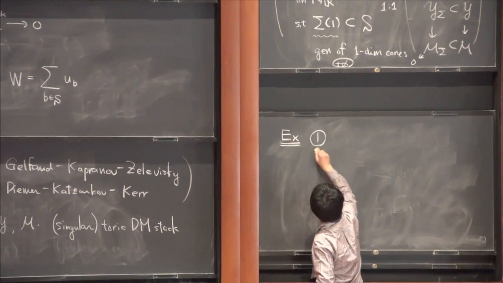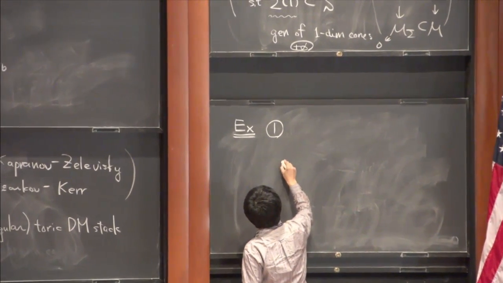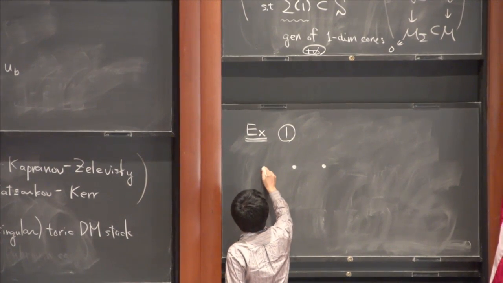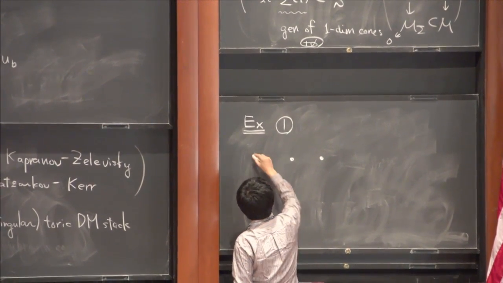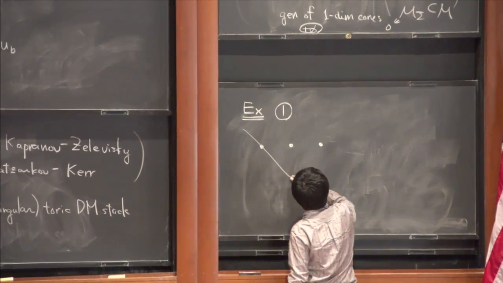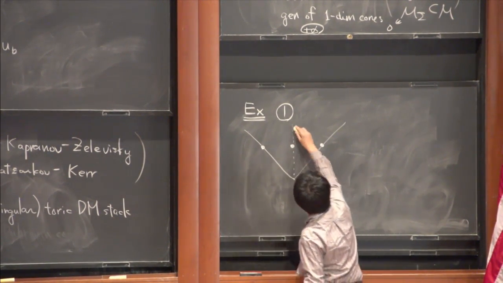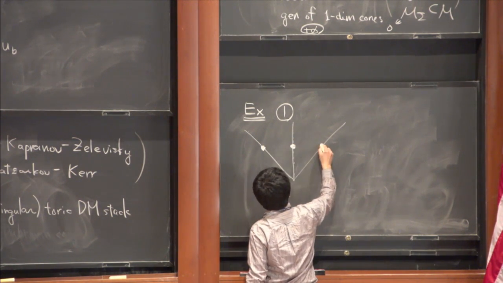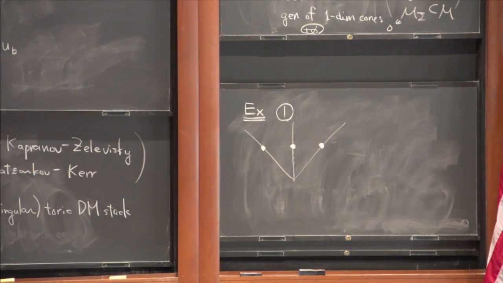The first example is the following. If I choose the following 3 points, this is the origin, and S is these 3 points in N = Z^2.